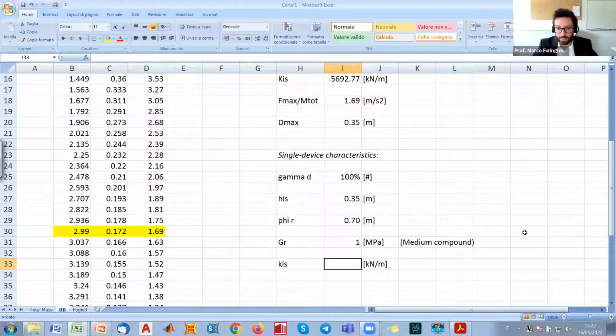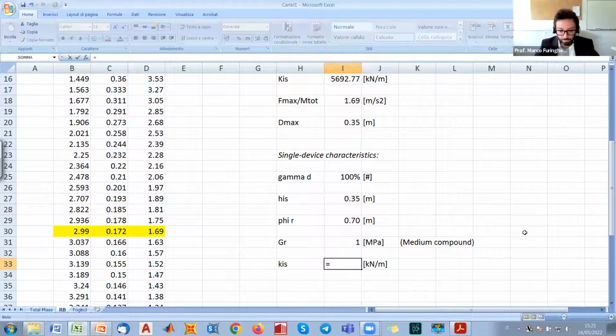And then I think the easiest way of changing units is to change the shear modulus to kilopascals, which means we just have to multiply 1 by 10 to the third.